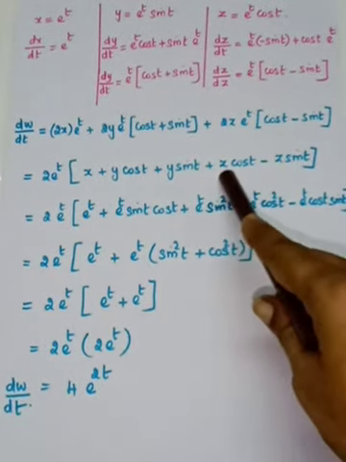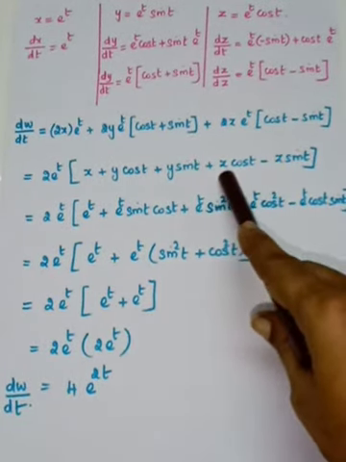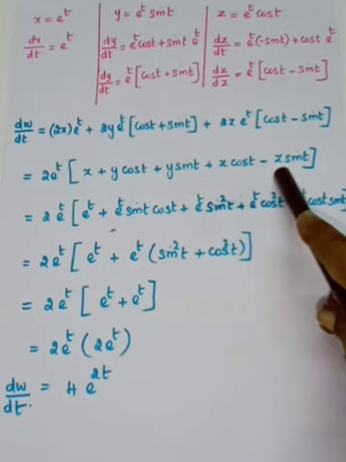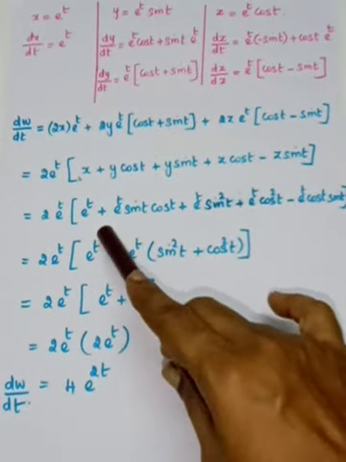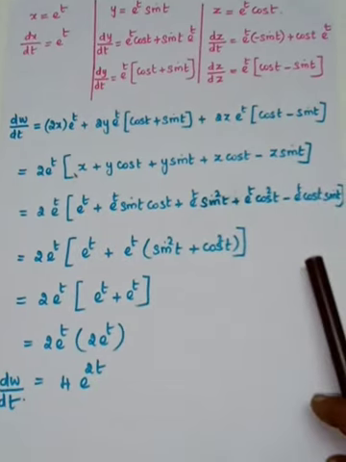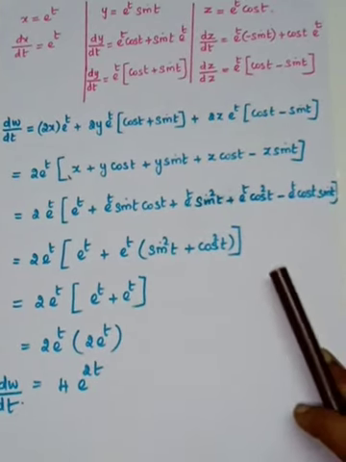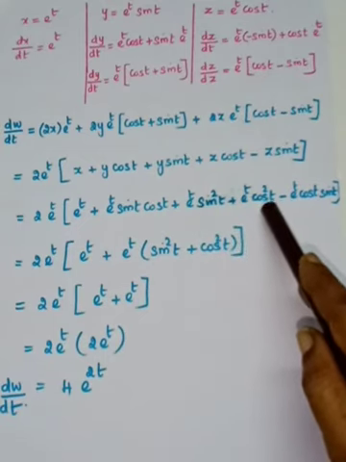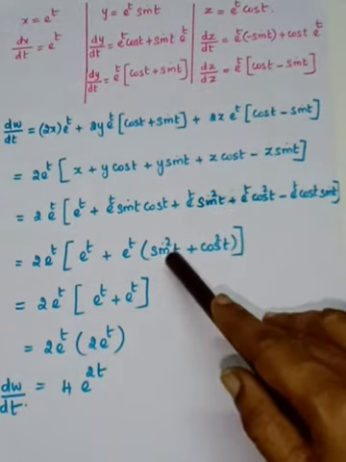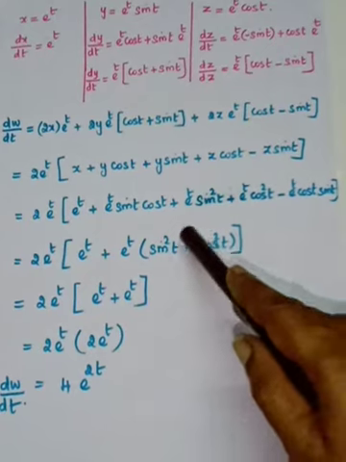What is z? e power t cos t, so e power t into cos square t. And minus, what is z? e power t cos t into sin t. So this plus e power t sin t cos t and minus e power t sin t cos t get cancelled. Combining these two terms, e power t is taken out, sin square t plus cos square t. What is it? It is 1.